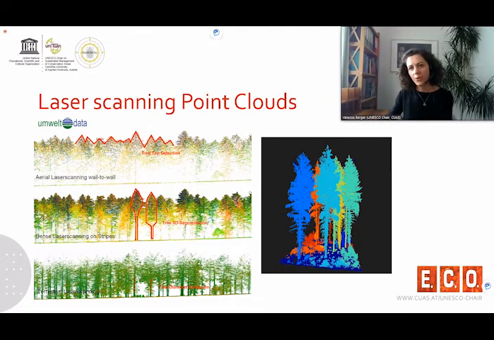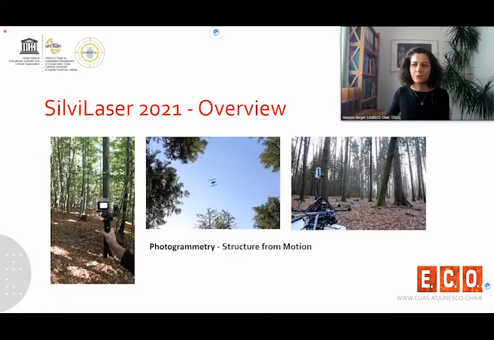There is another way to get digital twins of trees and forests, which is photogrammetry, structure from motion. Here we take a lot of pictures and then calculate, through the overlap of different pictures, how the structure is built up.